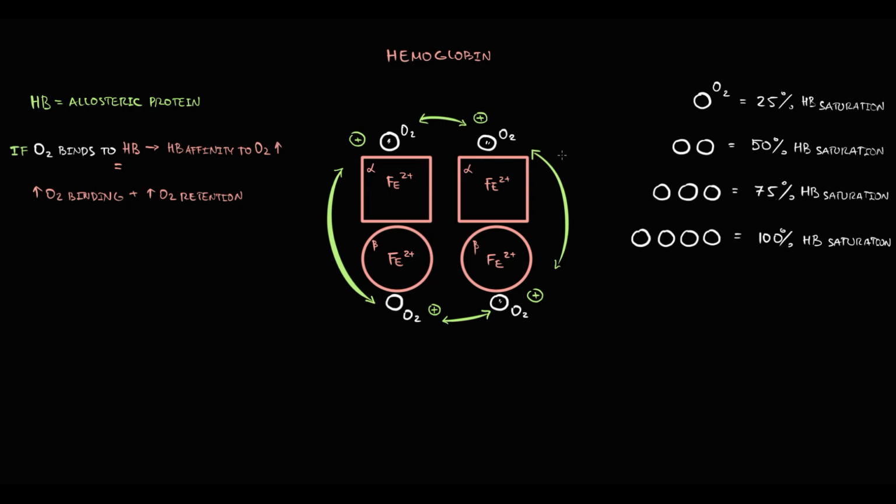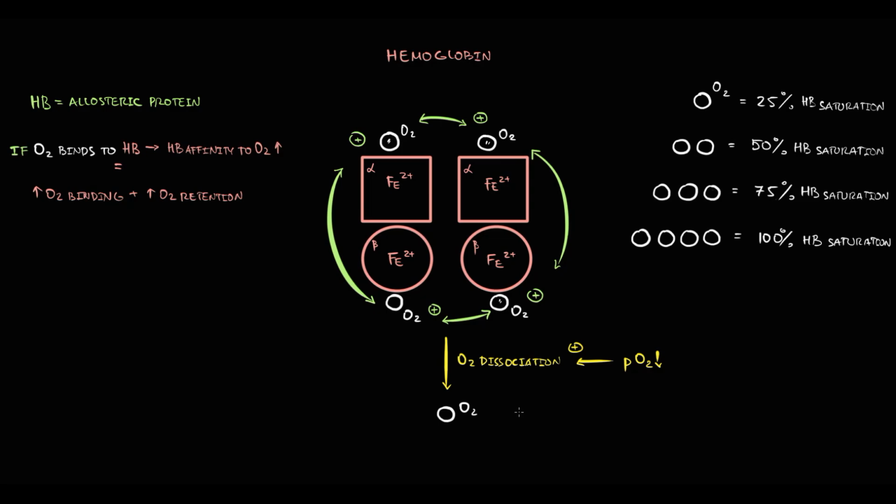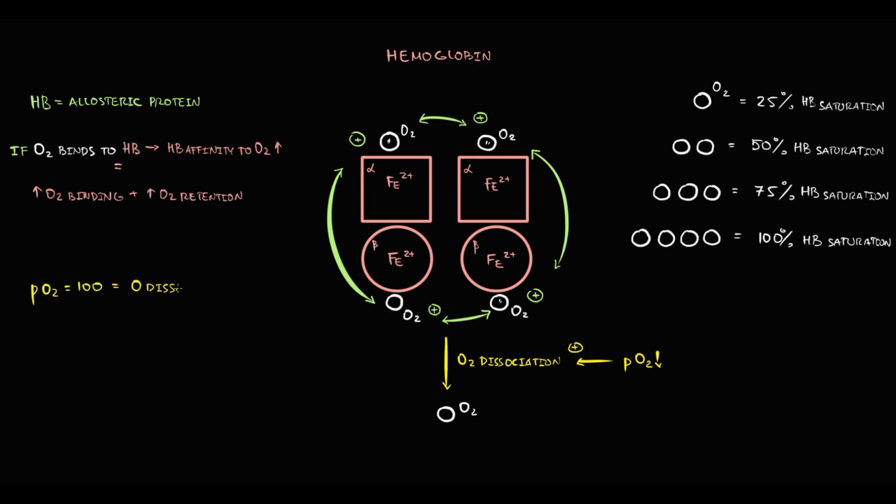We have to know that the only thing that can force hemoglobin to give away oxygen is a decrease in partial pressure of oxygen. Partial pressure of oxygen is basically the concentration of oxygen. The lower the partial pressure of oxygen, the more rapid is oxygen dissociation from hemoglobin. For example, with partial pressure of oxygen 100, the dissociation is 0.